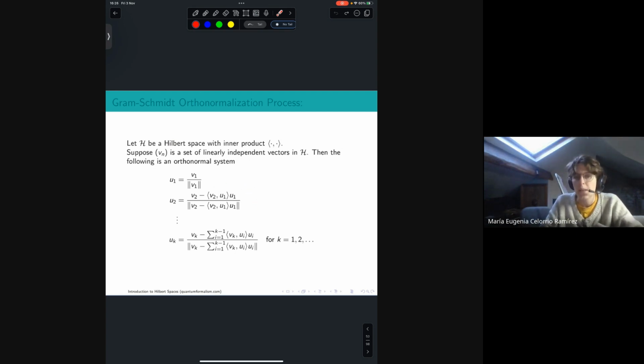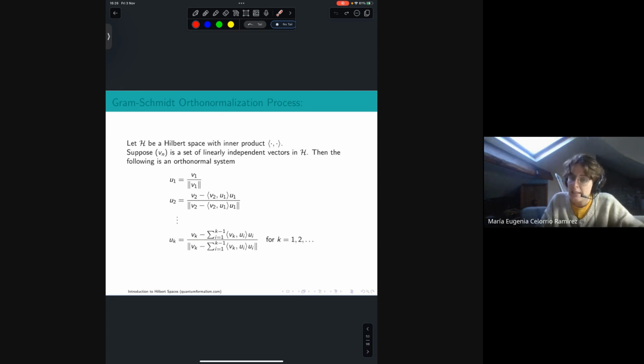And if we continue repeating this process, if we want to get u3, we just take b3, which we know is linearly independent, and we take the orthogonal projection of b3 on u1 and the orthogonal projection of b3 on u2, subtract them, and divide by the norm, and we continue like that.